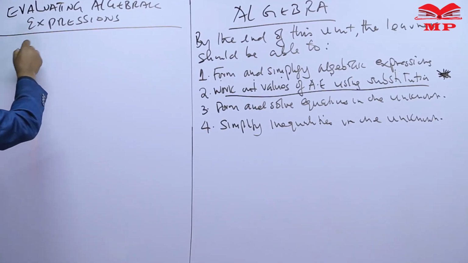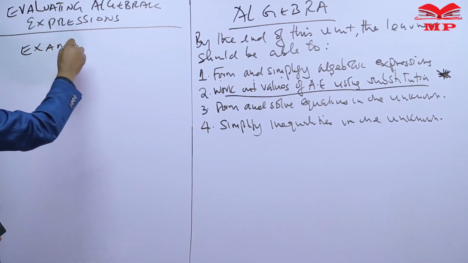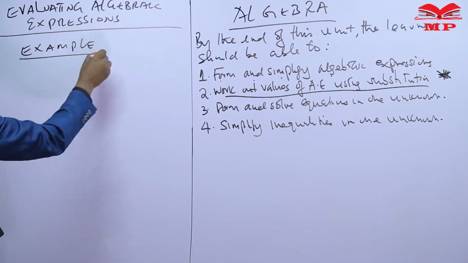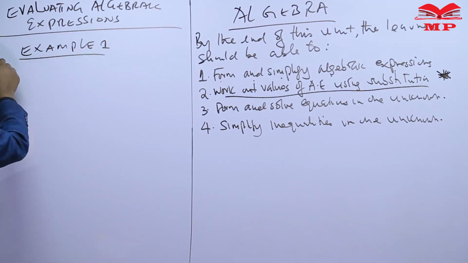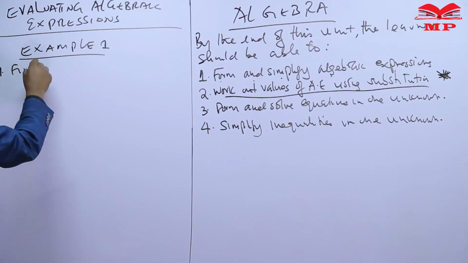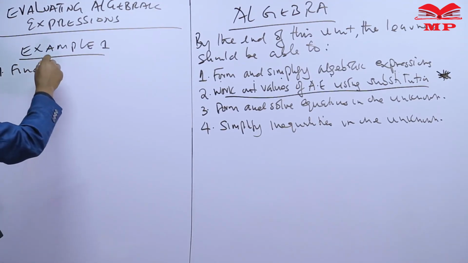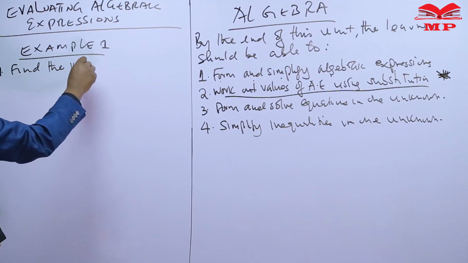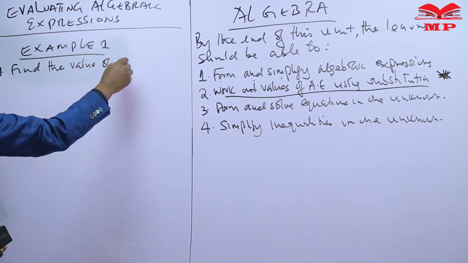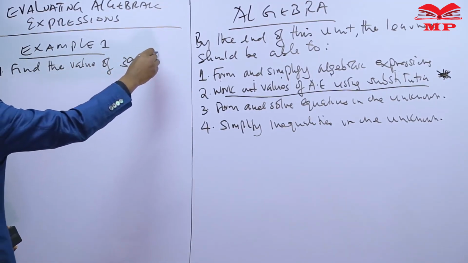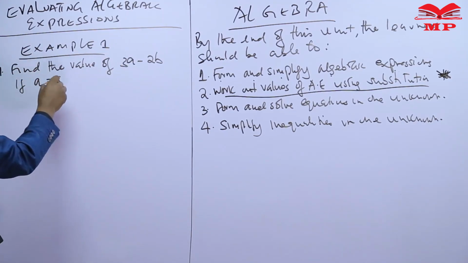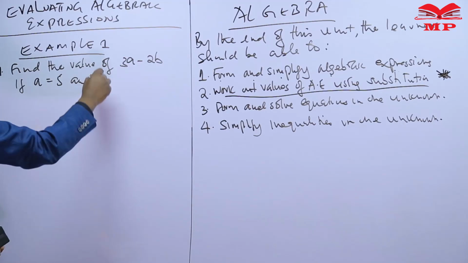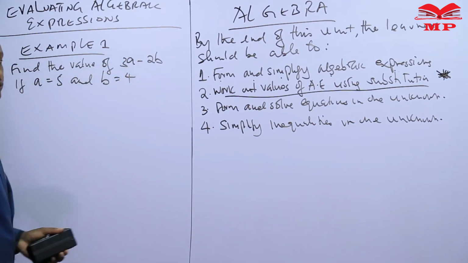For example, let's start with example number 1. Example 1. Find the value of 3a minus 2b if a is equal to 5 and b is equal to 4.